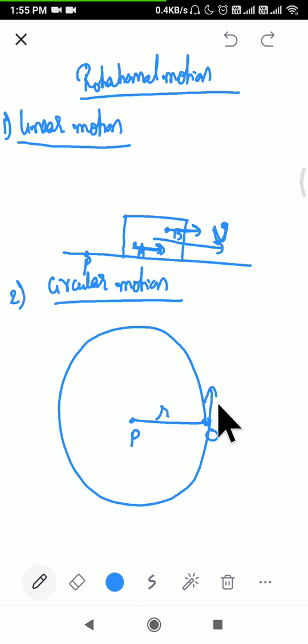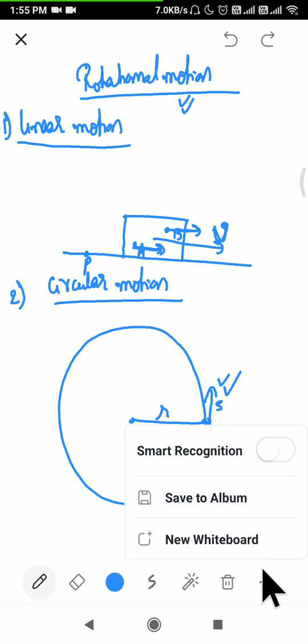We don't know the speed or velocity of this, we only know that it is moving along a circle around the point P. Then this motion is called circular motion. So to understand rotational motion, why do we need to understand these two? Now we will see.